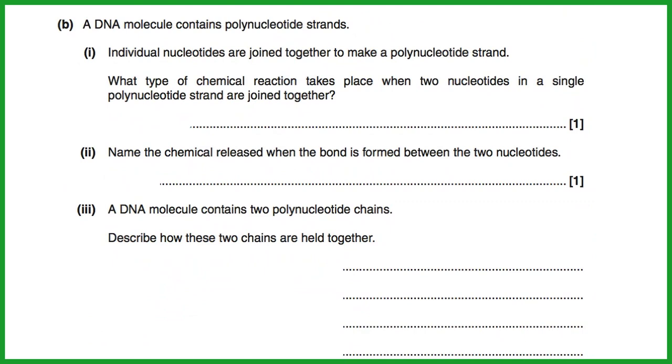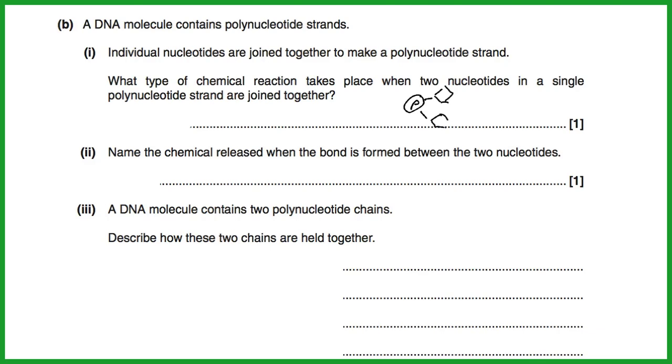So a DNA molecule contains polynucleotide strands. Individual nucleotides are joined together. What type of reaction takes place when 2 nucleotides in a single polynucleotide strand are joined together? So this is referring to the bond that forms between the sugar of one and the phosphate of another.